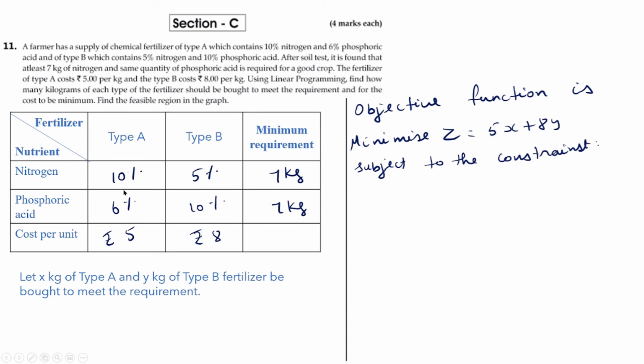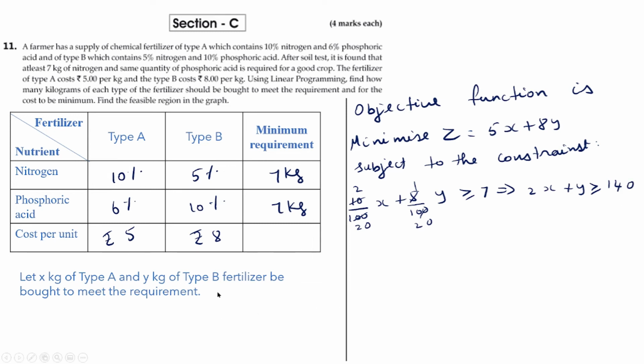The first constraint is 10% of x plus 5% of y, it should be greater than or equal to 7. So 10 by 100 x plus 5 by 100 y greater than or equal to 7. We multiply by 20, so we get 2x plus y greater than or equal to 140.